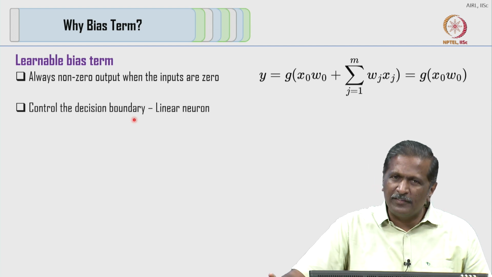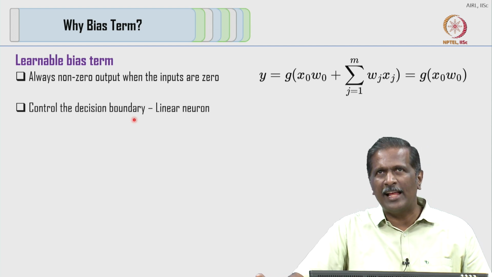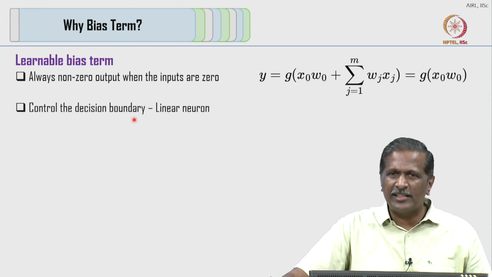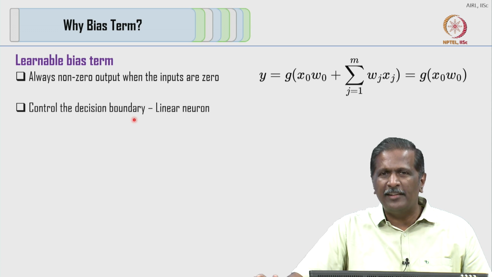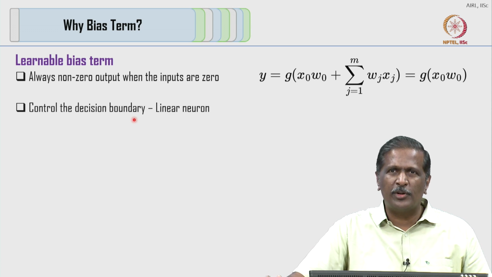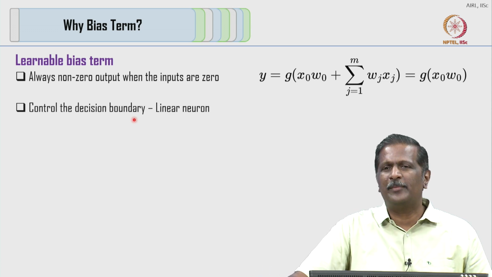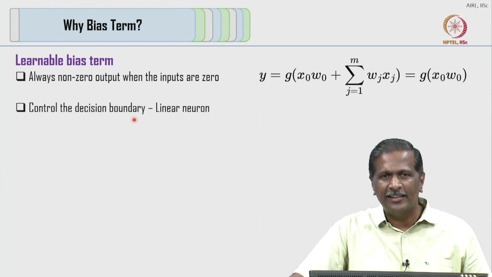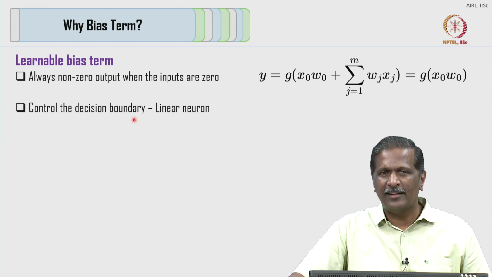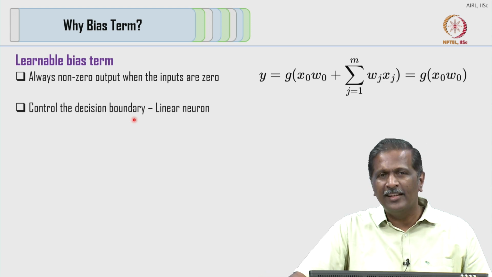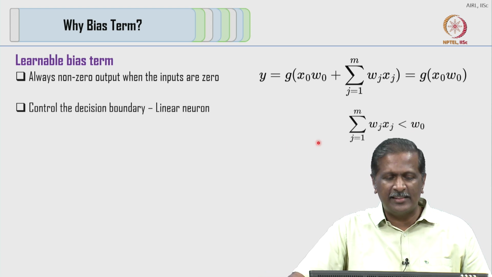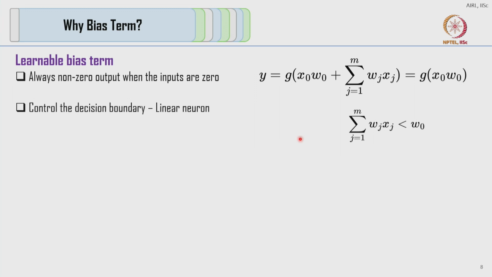Say there are class 1 and class 2 and you want to separate them by a boundary, and that is what we are trying to learn. We are trying to find the decision boundary which can segregate the data into separate classes. If there is no bias, then the decision boundary always passes through the origin. So we need bias such that the decision boundary can be shifted.